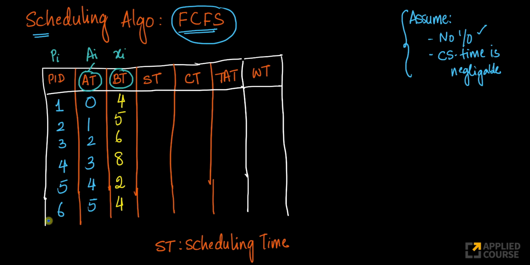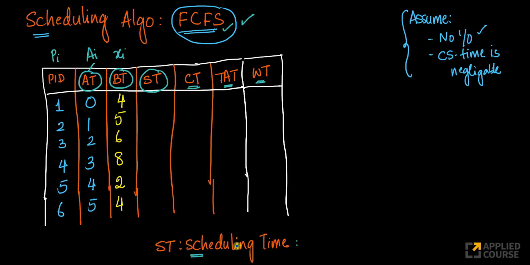Now, given this, how does first come first serve work? First come first serve, as the name suggests, whichever is the first process that comes into the ready queue, that will be served first. Very simple logic. Okay. Here, what is CT? CT is completion time, then turnaround time, and wait time. Here there is a new thing called scheduling time. ST stands for scheduling time.